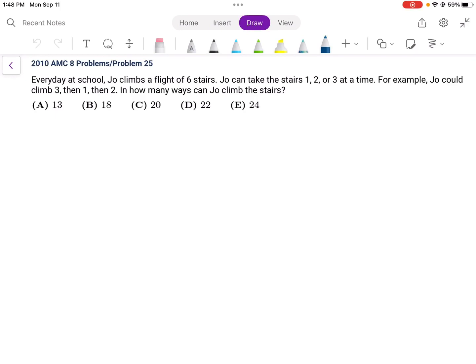Problem 25. To solve this problem, we need to find out all the combinations for all the possible stairs that add up to 6. First, we consider he takes 1, 2, 3 stairs at a time, and they sum up to be 6. Therefore, the combination of the three numbers will be 3 multiplied by 2 multiplied by 1 equals 6.